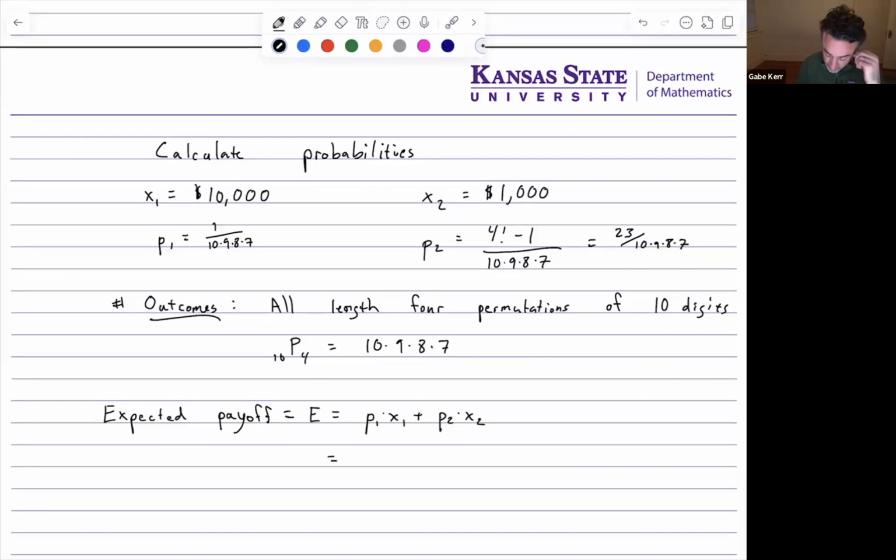So that's equal to 10,000 over 10 times 9 times 8 times 7, plus 23 times 1,000, so this is 23,000 over the same number.